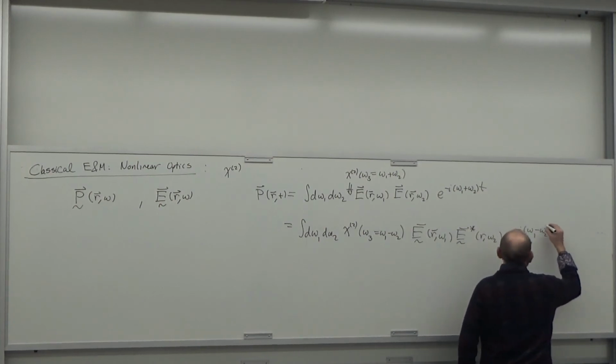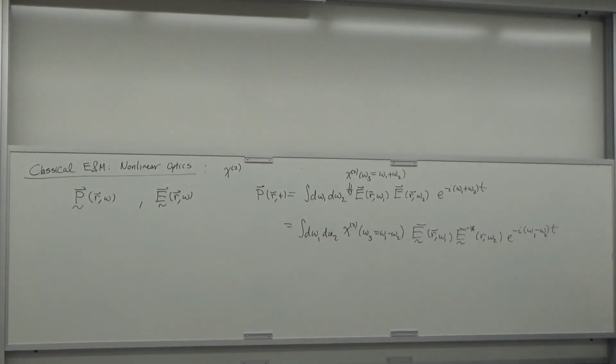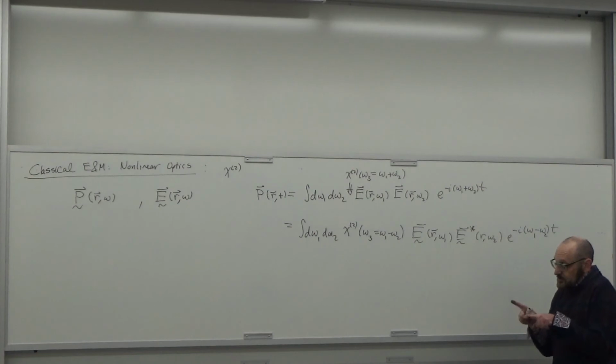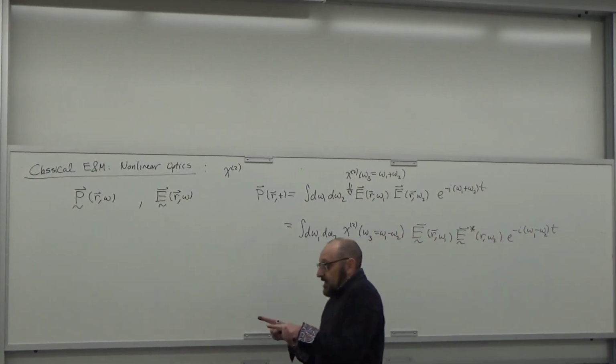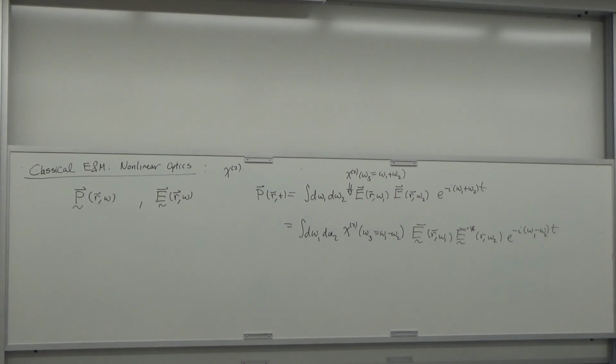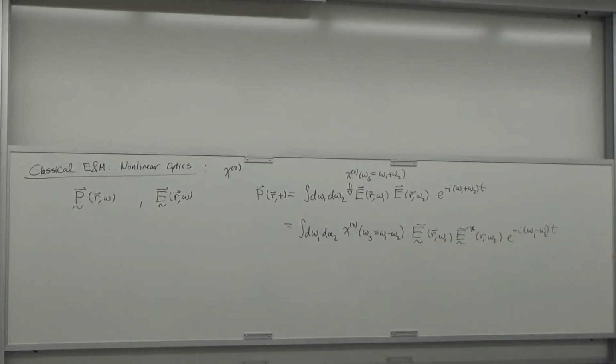This term is another effect I can have, whereby if I take two laser beams, one that's oscillating at frequency omega 1 and one that's oscillating at frequency omega 2, there is a beat note between them at the difference of those two frequencies.